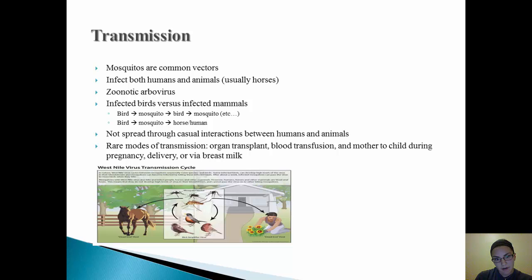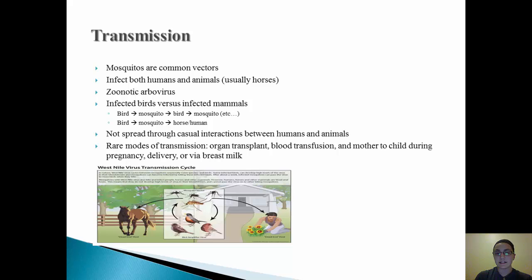You can see in the diagram below that there are arrows going back and forth between the mosquitoes and the birds, and I thought this was very interesting, and it is due to the fact that an infected bird can transmit the virus to a mosquito who bites the bird.